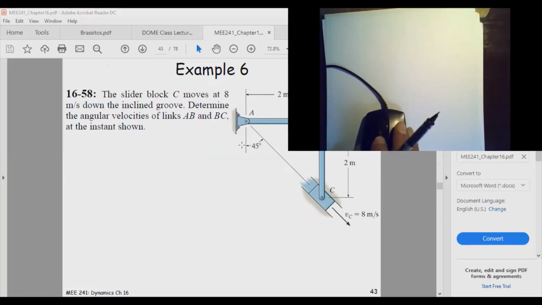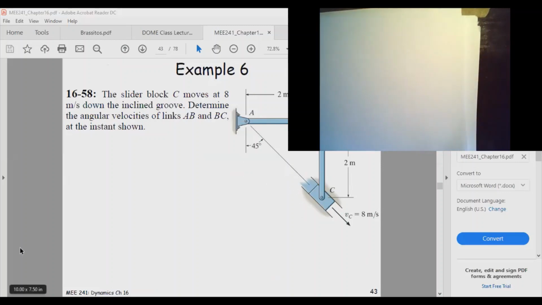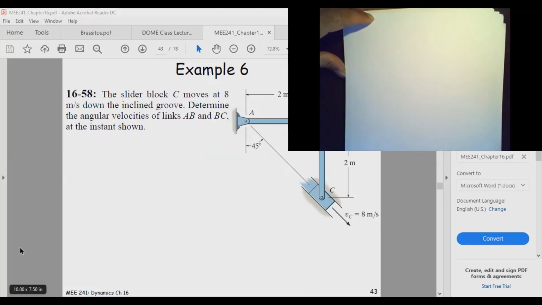How many rigid bodies do I have in total in this example? Three, exactly. You have AB, BC, and this block. So the block is translating. This link is translating and rotating, and that link is only rotating.